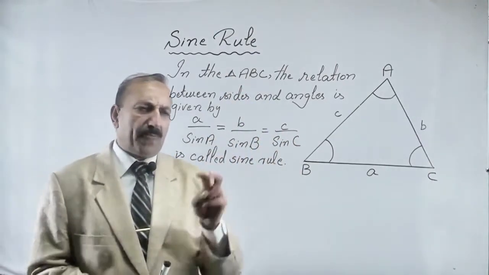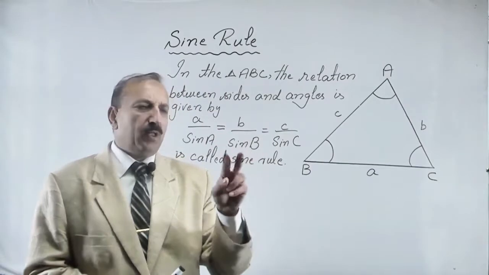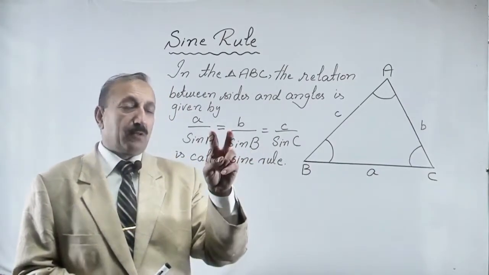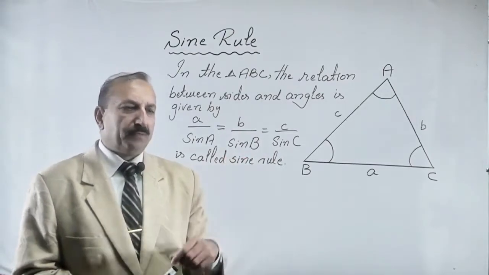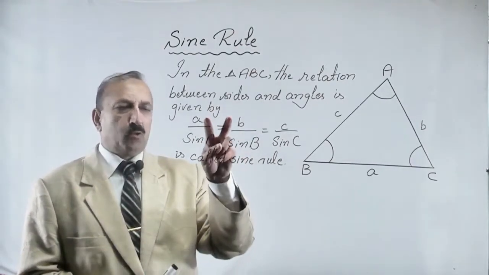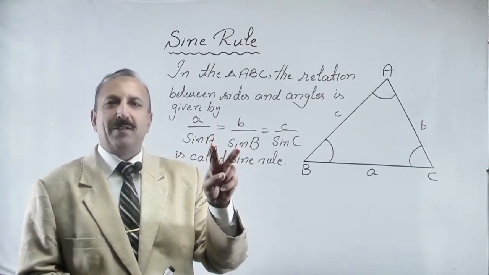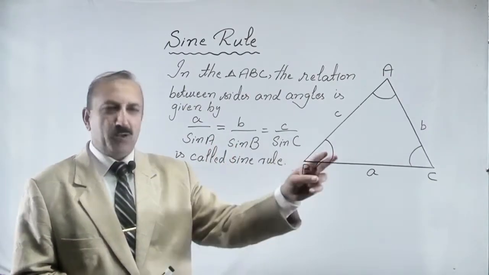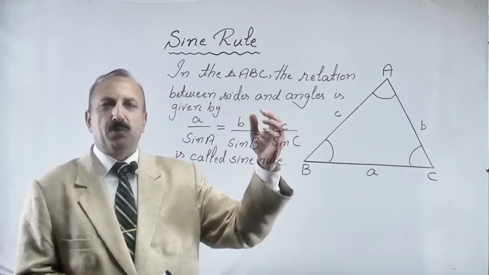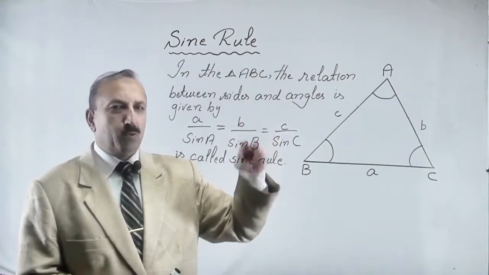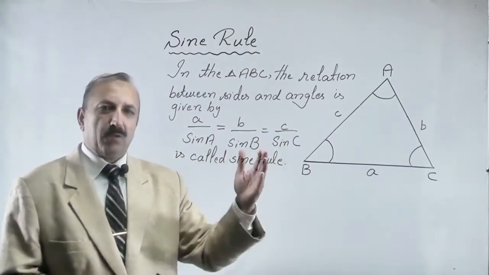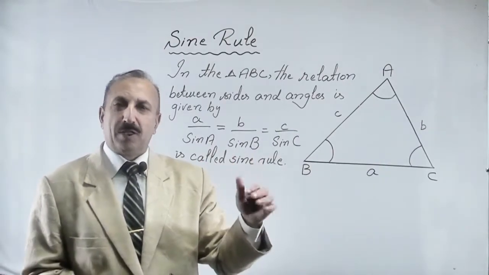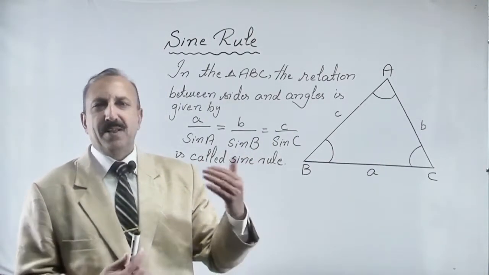When we are supposed to use this sine rule, at a time we will pick two fractions from these three. It means we will have two sides and two angle relation. In any triangle, whenever we have two sides and two angle relation in which one might be unknown, then we will carry on for the unknown value, that might be side, that might be angle.